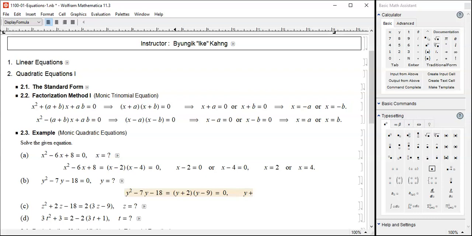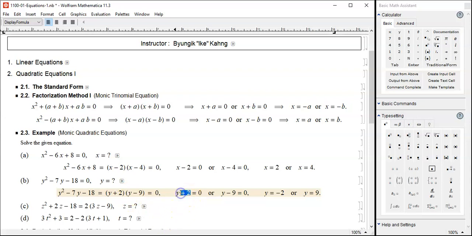So first factor, y plus 2 is equal to 0, or second factor is equal to 0. Therefore, we get solutions like this. y equals -2, or y is equal to 9. Please note the sign change.